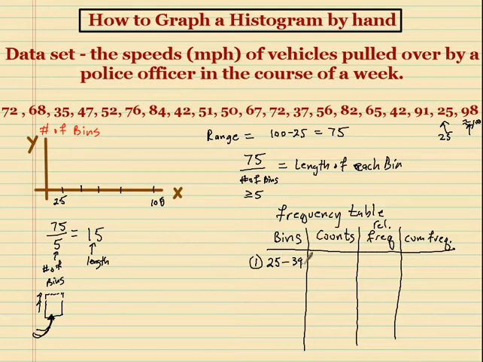The reason I do that is, if I have a data point that falls on 40, here are my starts and stops for each bin: 55, 60 to 70, 70 to 85, and 85 to 100. Now it's a little tricky, and some books do it differently, but what happens if I have a 70? Does it go over here, or over here? So what we do is we define it, and we go ahead and put it in the right bin.